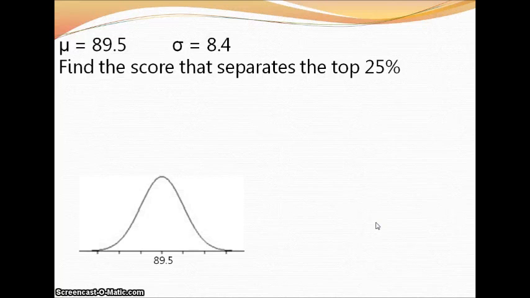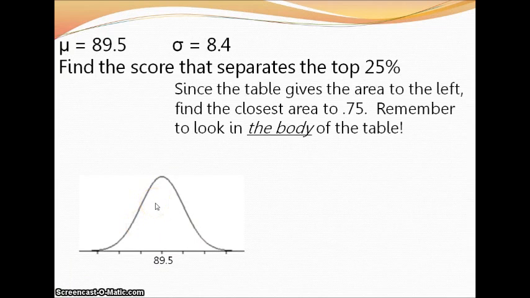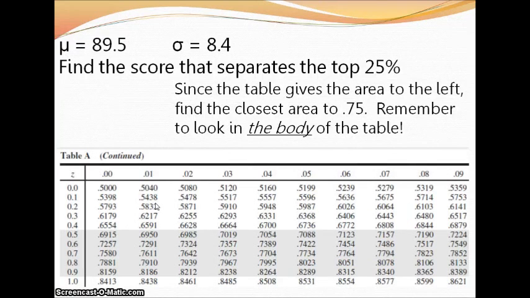So in our mean of 89.5, we have this curve. We want to find some value that's going to have a cutoff between the top 25% and the bottom 75%. To do that, we have to look in the body of the table. We're going to look up 0.75, or the closest number we can find to 0.75 in the body of the table. Since we're looking for something above the mean, we're on the right side of the chart.